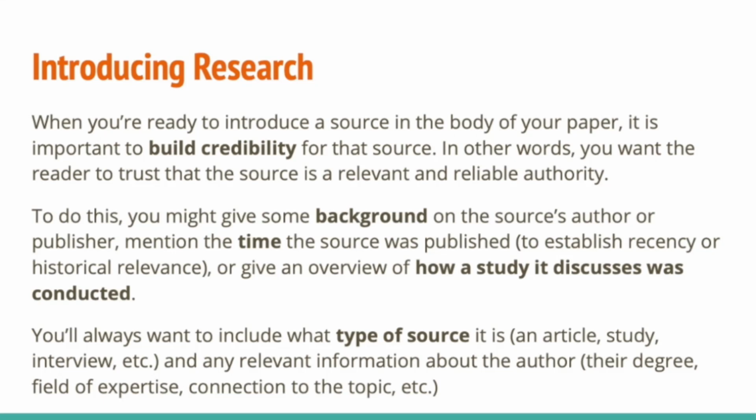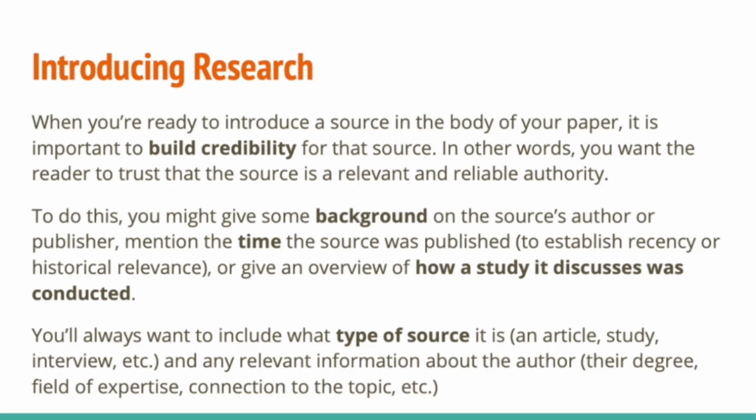For example, if it was recently done for a new scientific article, that means that it's probably the cutting edge of scientific investigation. Or if it was written 100 years ago and you are talking about what people thought during that time period, it shows that it's relevant for that historical context.